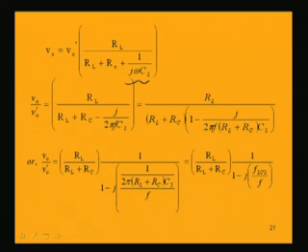So, simplifying a little further, taking common RL plus Rc in the denominator, I get 1 minus j by 2 pi f RL plus Rc into C2. So, V naught by V naught dash equals RL by RL plus Rc into 1 by 1 minus j into 1 by 2 pi f RL plus Rc into C2.